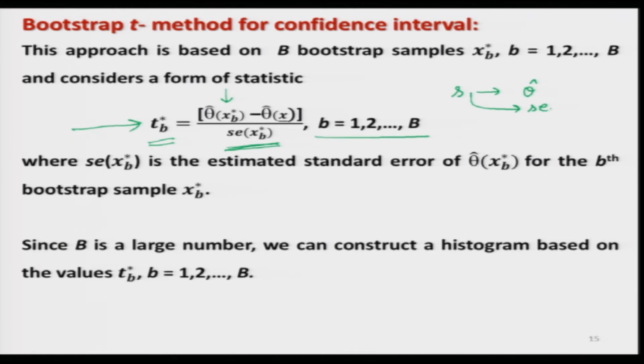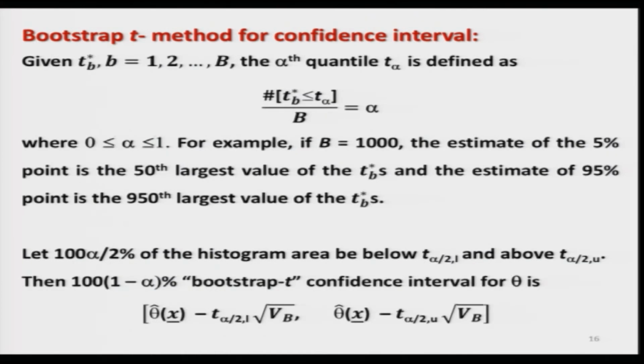right. Now, you try to repeat this for a large number of bootstrap samples, and since B is large, we can construct a histogram based on these tb star values. Once you create this type of histogram, then again you have to define the critical values.